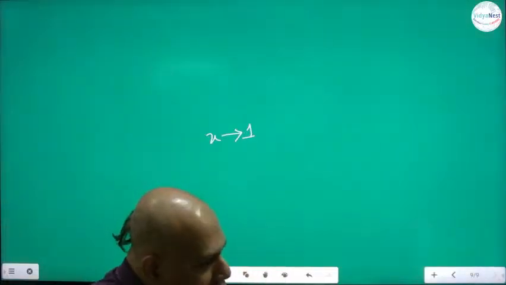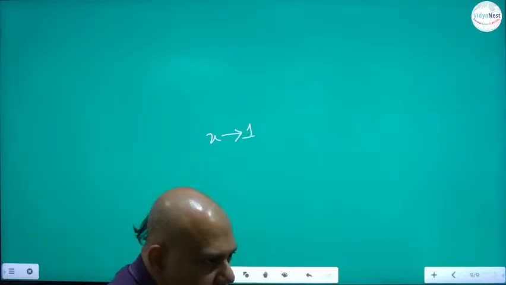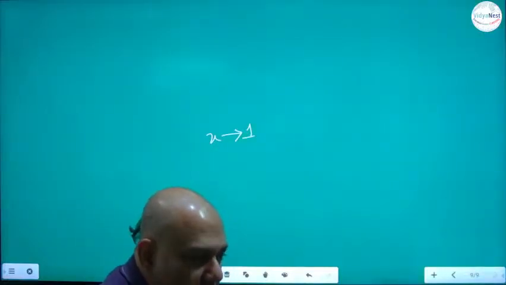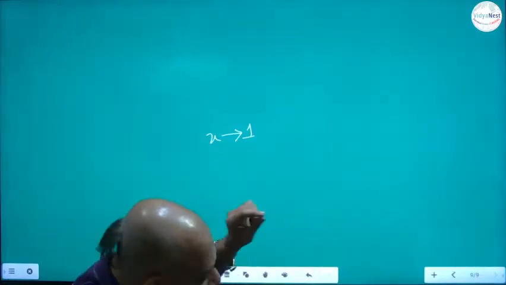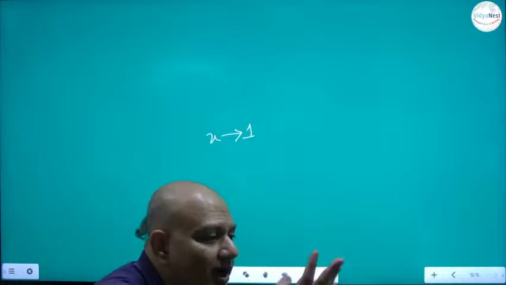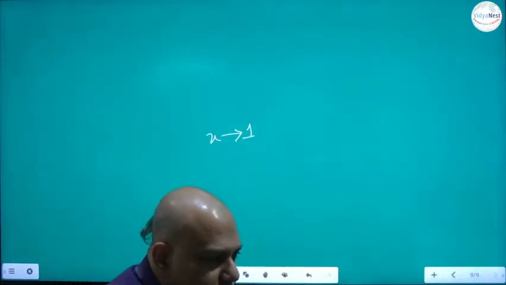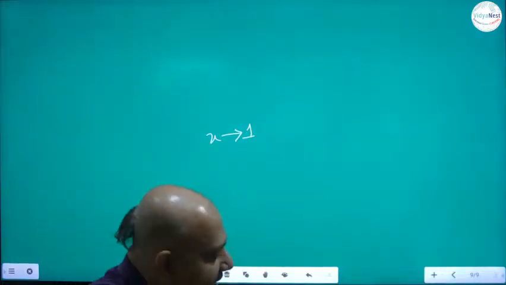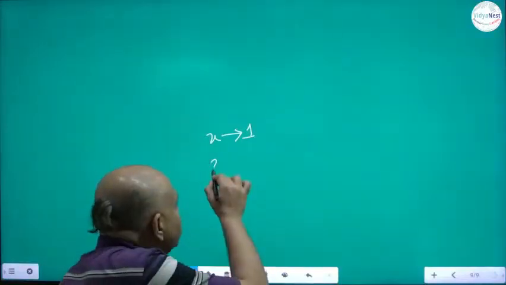I've just given an arrow symbol. It means what? x is tending to 1. It means x is never equal to 1.